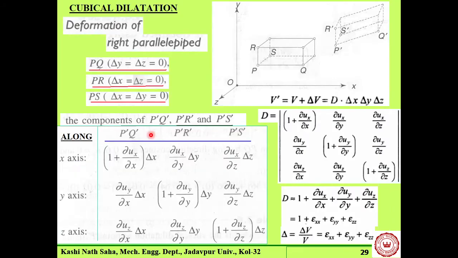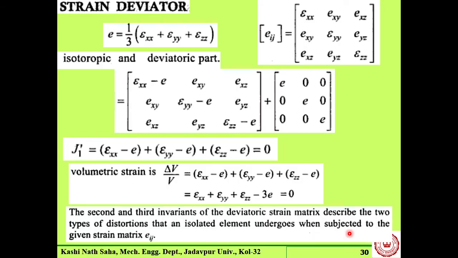Similarly, this quantity is similar to a hydrostatic strain. We say this is uniform strain, and with this we can decompose our strain tensor into two parts. This is called the deviatoric part and this is called the uniform part.